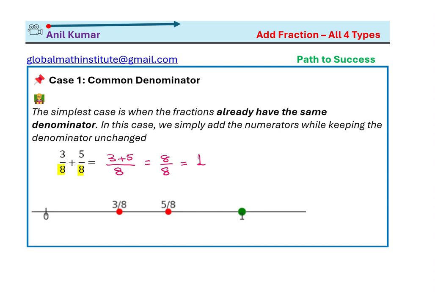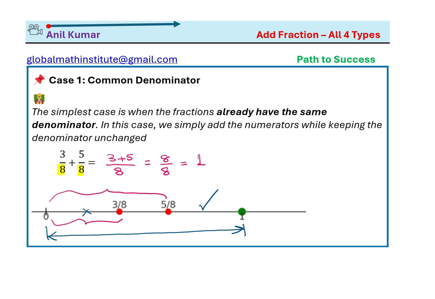Perfect. On a number line, what I've shown you is that both these fractions are less than 1, right? So this is 3 eighths, and then we have 5 eighths. When you add these two, what you really get is the number 1, which is this particular distance. So if you are making strips for a number line, you can actually cut this strip and place it here.